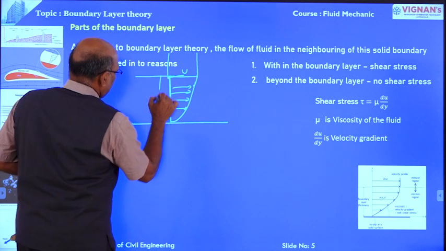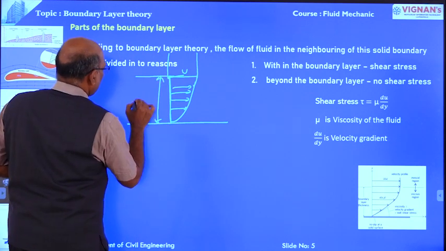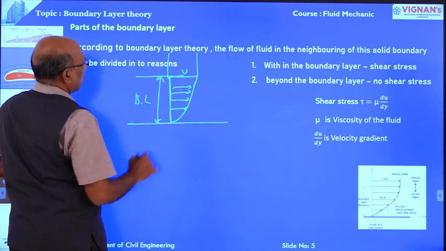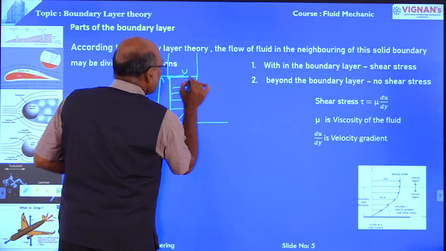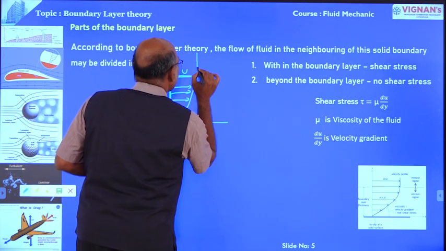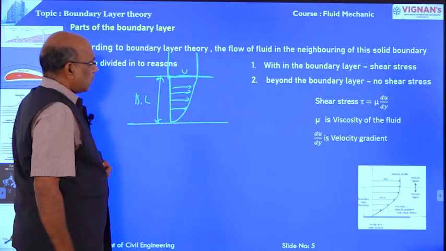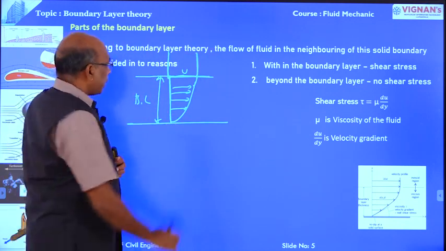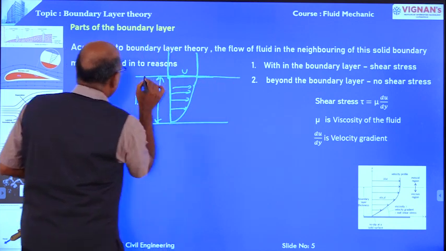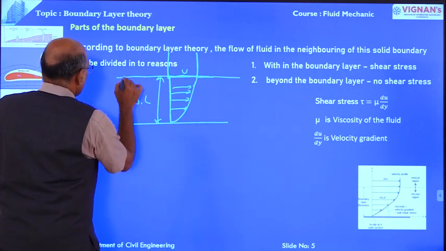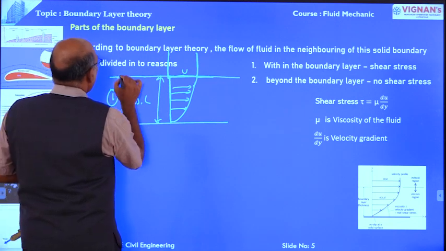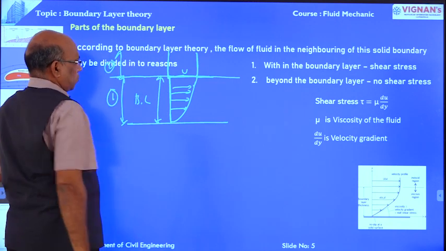This is the boundary layer. Beyond the boundary layer, there is no change in velocity. That free stream velocity is maintained here. So up to the boundary layer, this is part 1. Above the boundary layer, this is part 2.